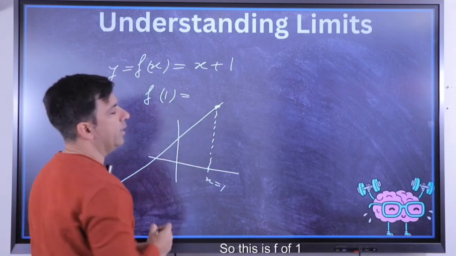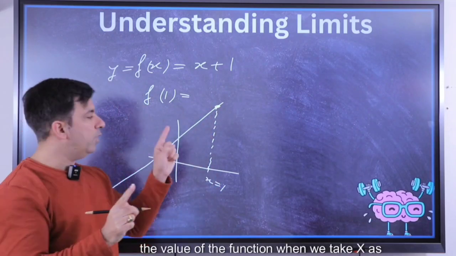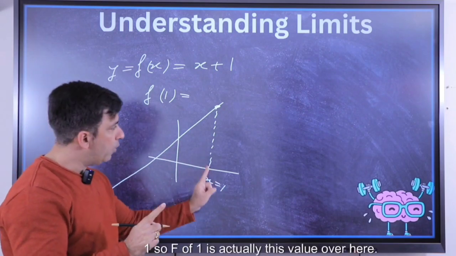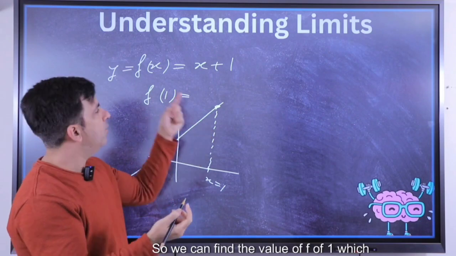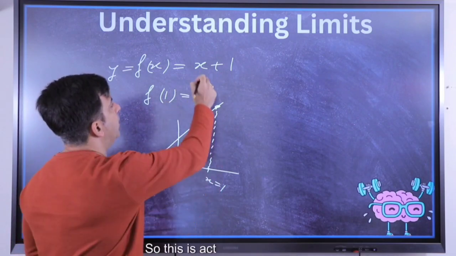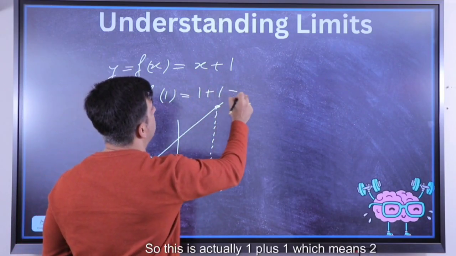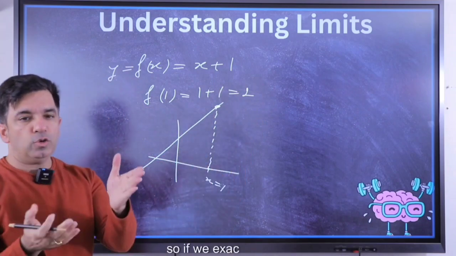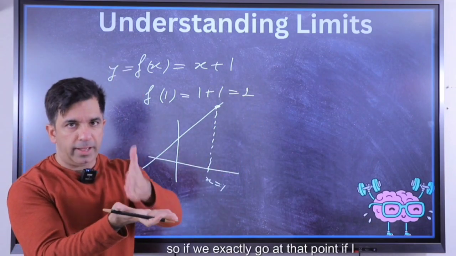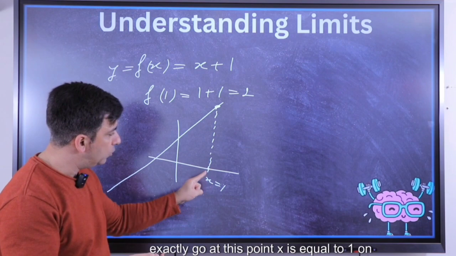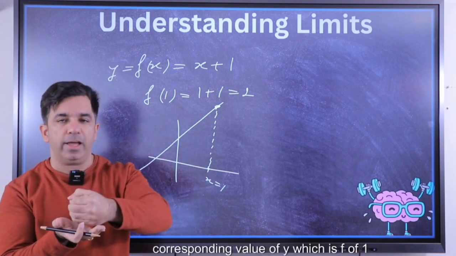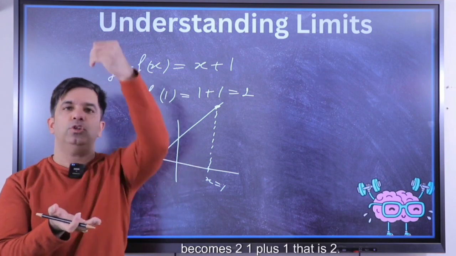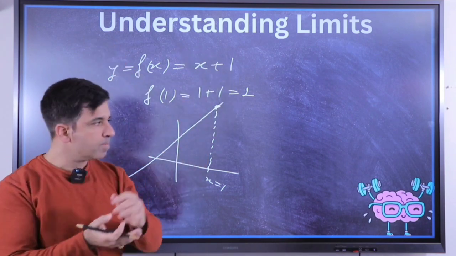So f of 1 is 1 plus 1, which means 2. At x is equal to 1, the corresponding value of y becomes 2.